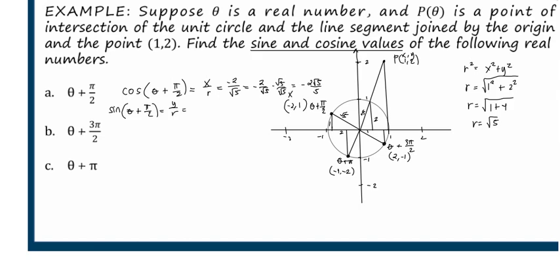So our value would be y, which is 1, divided by square root of 5, which would give you square root of 5 over 5, because this is our y.